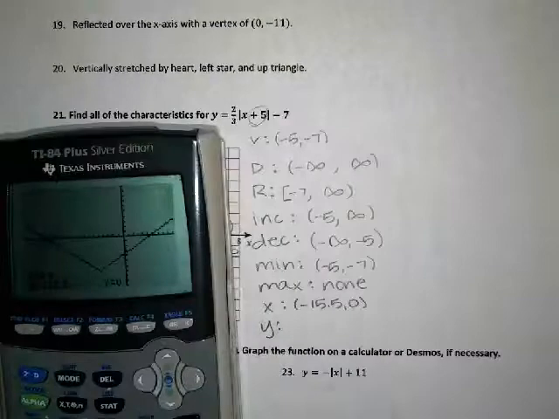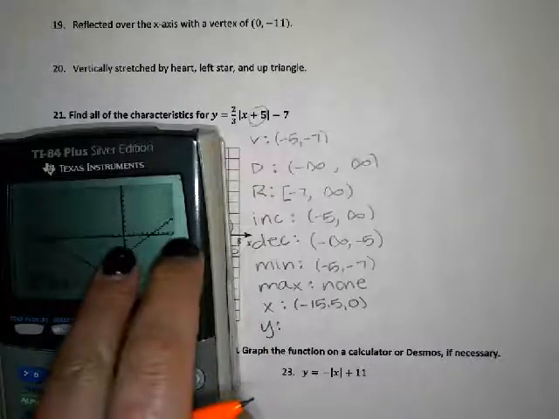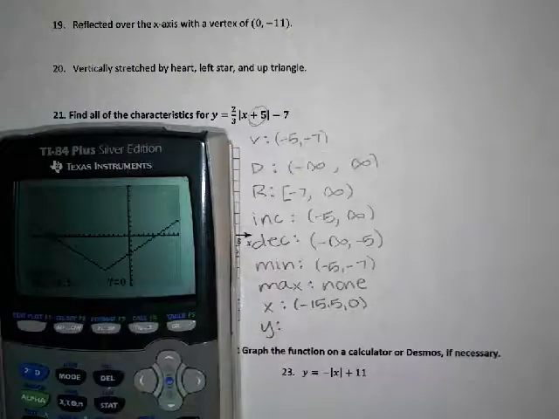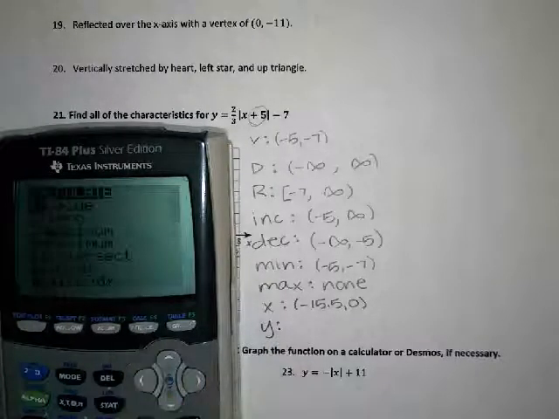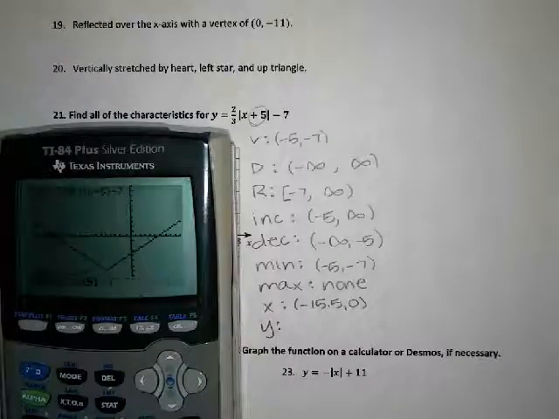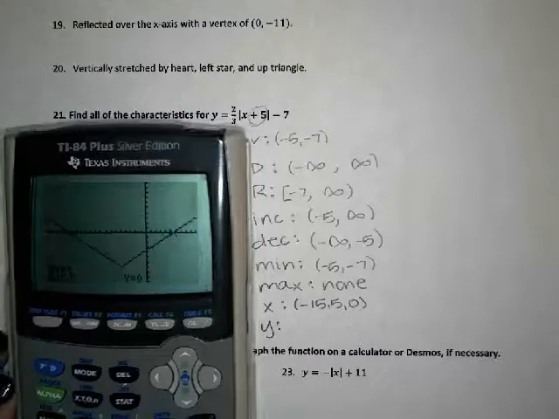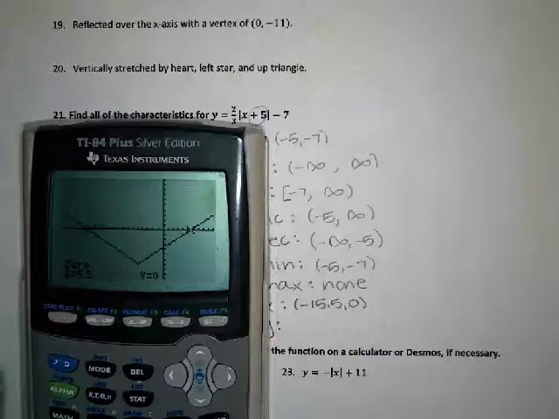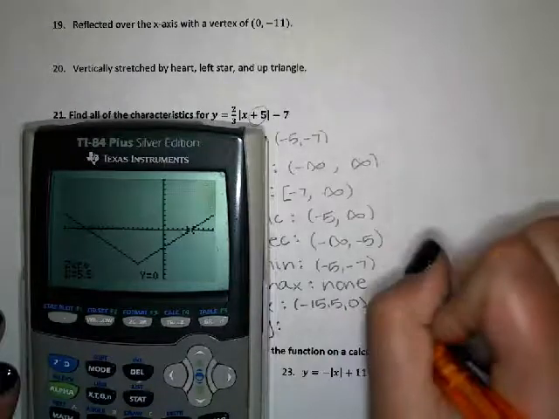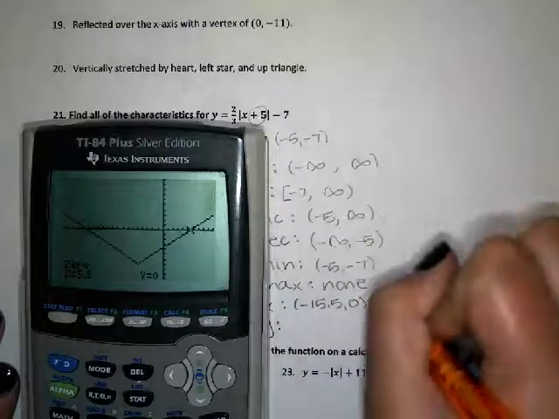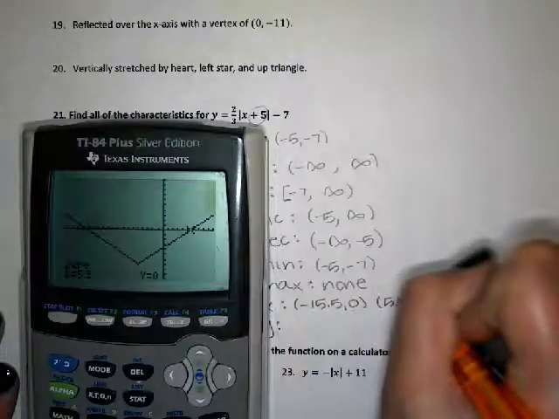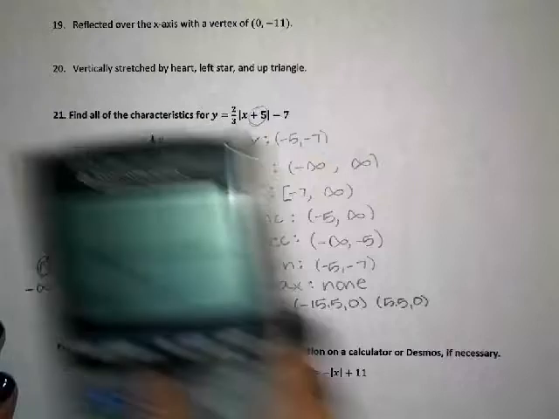For my other x-intercept, I'm going to look between 0 and 10. Remember, I always ignore the guess. The guess is never good. Okay, 5.50.